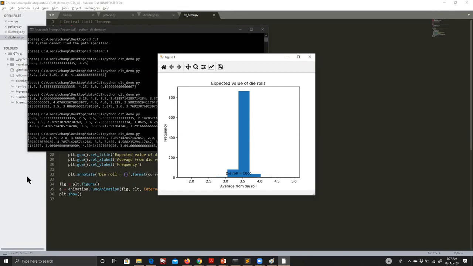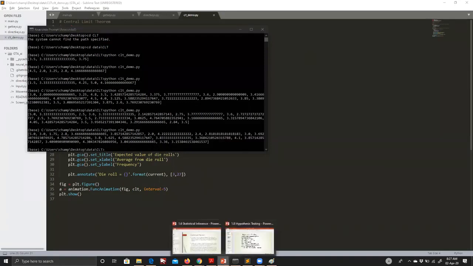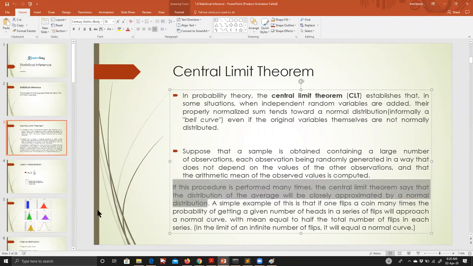Okay. So you might be able to see it has literally centralized and basically most of the points, and it might start to look like a Gaussian curve or a bell curve. Okay. Of course, with a very low variance as well. So this is the basis of CLT, that why we use CLT, or why the assumption of CLT is true. But remember, when you do it for a long time, not just for one data set or just not for one column, if you perform this procedure many times, central limit theorem says that the distribution of average will be closely approximated by a normal distribution.